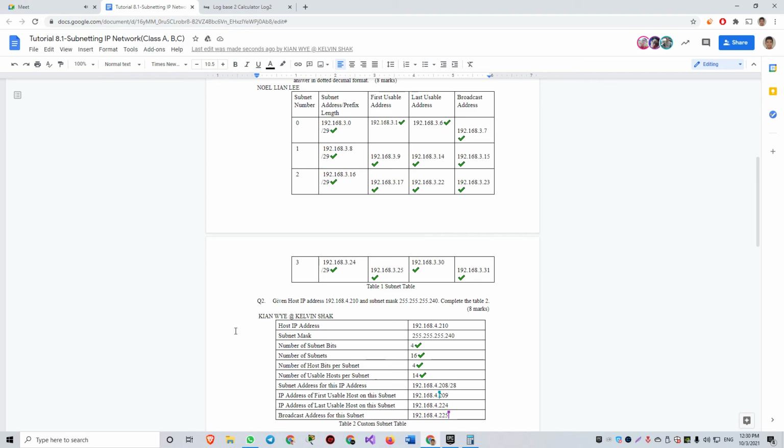So the broadcast address is 223. Yes, 223, not 224. Your broadcast address should be 223 because the next subnet address is 224. So that means your last usable is 222. Got it now.